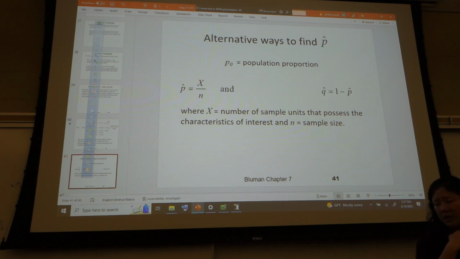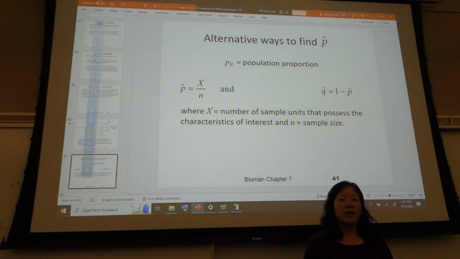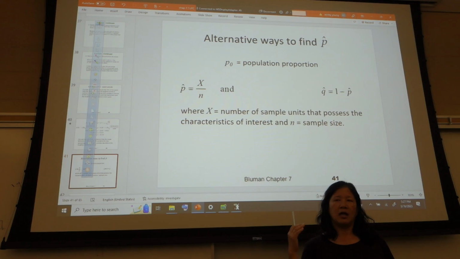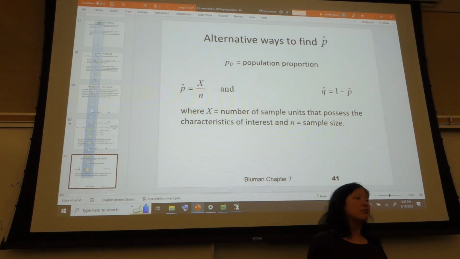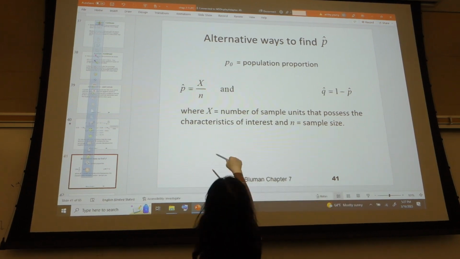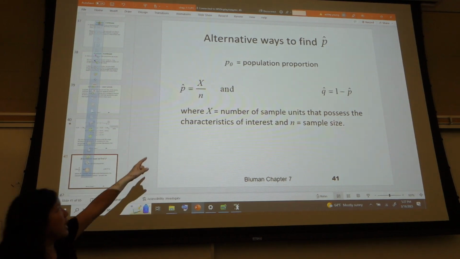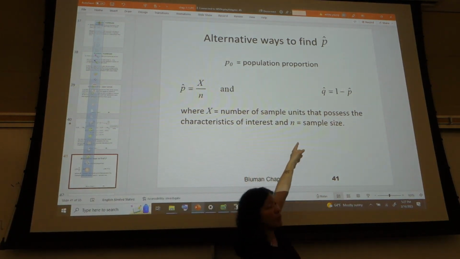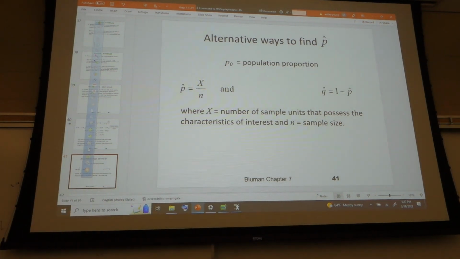We've used it in chapter 2 when we found the proportion of people who, if I sampled 30 people and 15 of them are dog owners, then 15 out of 30 would be my proportion. Right? You all are kind of good with that. So sometimes you'll be given the number of people who said yes and your sample size, and you can find p hat from that. Pretty straightforward.